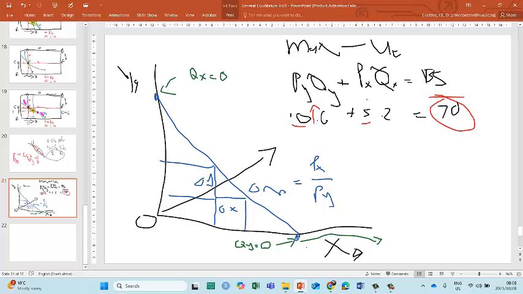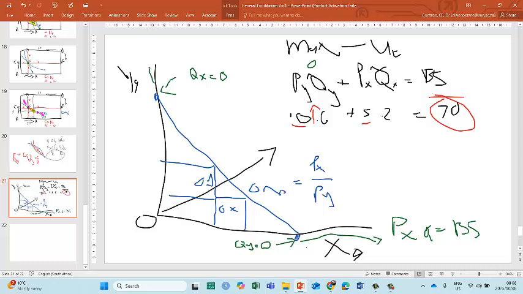At that point, your Y is 0. So Px times Qx is equal to your full budget constraint, because Y is 0, so that whole term becomes 0 and you only have that.